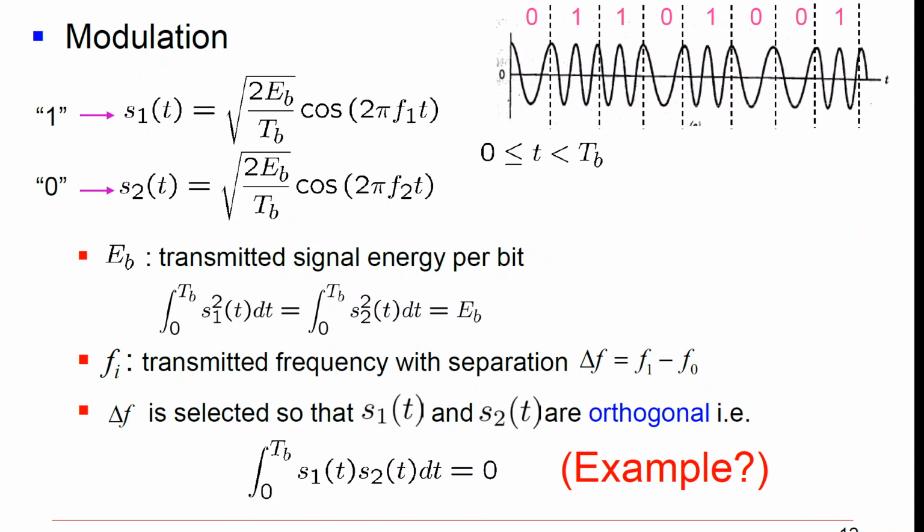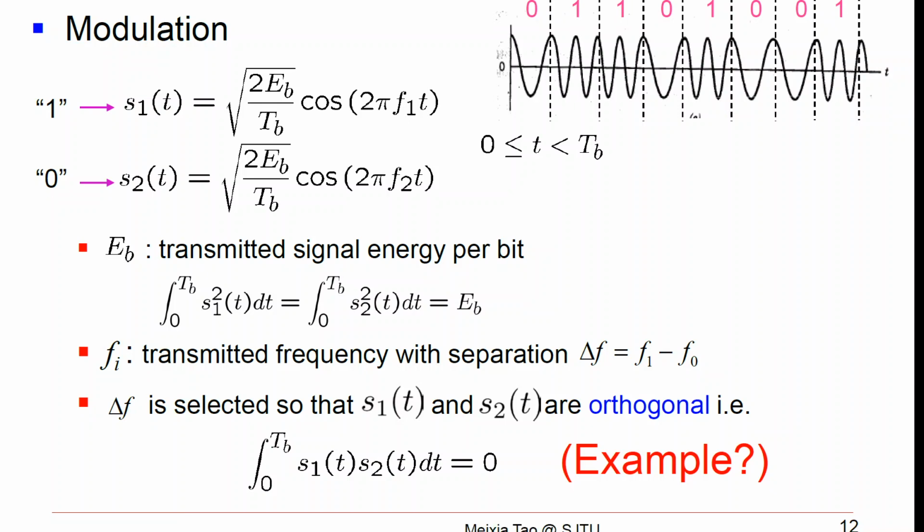So I need to select phi 1 of t and phi 2 of t as orthogonal, or the inner product, the integral from 0 to tb of phi 1 of t and phi 2 of t dt, will be 0. Here we are using S1 of t and S2 of t directly, since S1 of t is root EB into phi 1 of t, and S2 of t is root EB into phi 2 of t. They are linearly related.